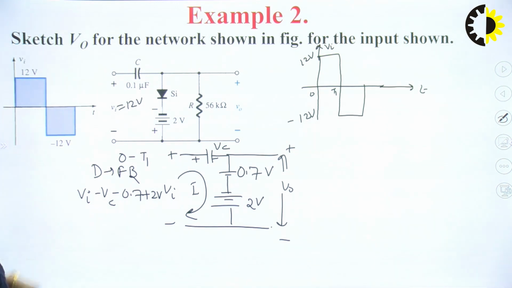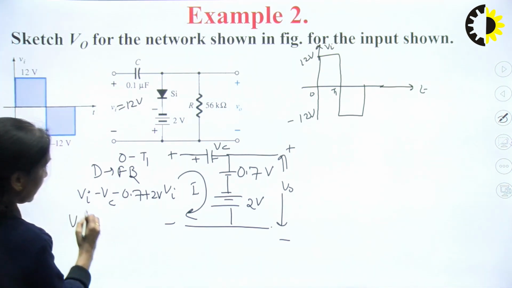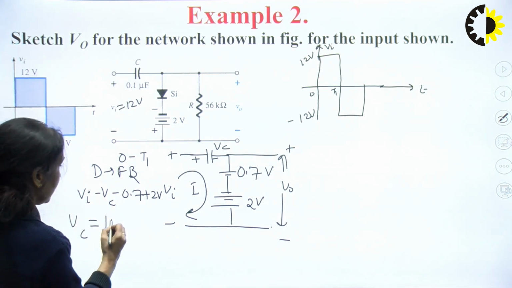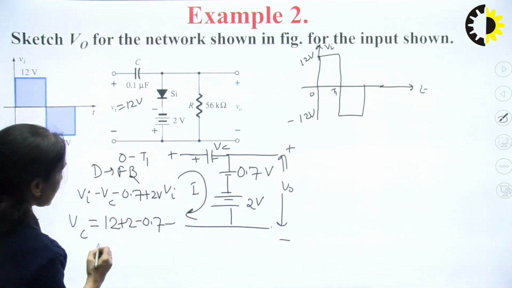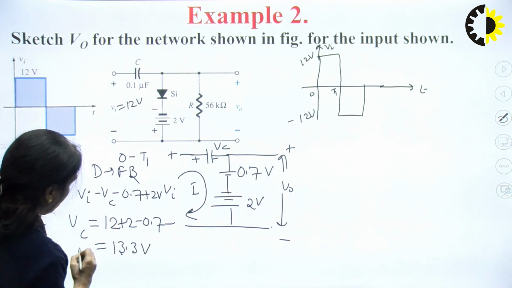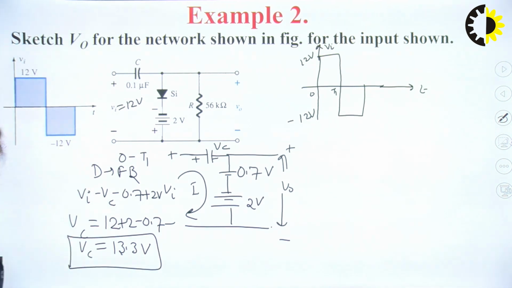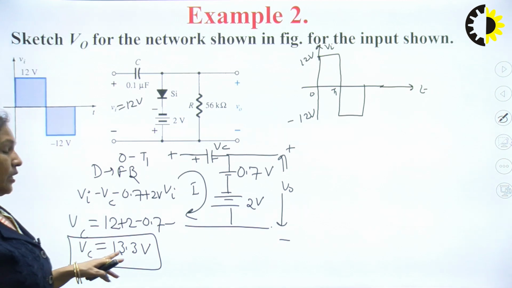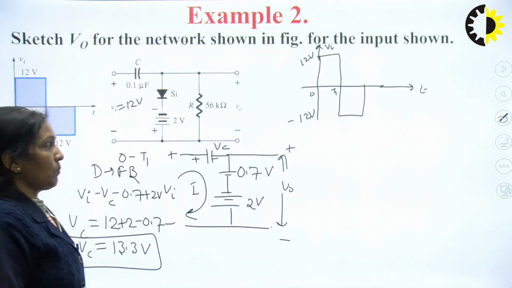So, this comes out Vc will be equal to 12 plus 2 minus 0.7. So, this comes out 13.3 volts. So, this is my value of Vc. So, my capacitor is charged up to the value of 13.3 volts, and which is a positive value.